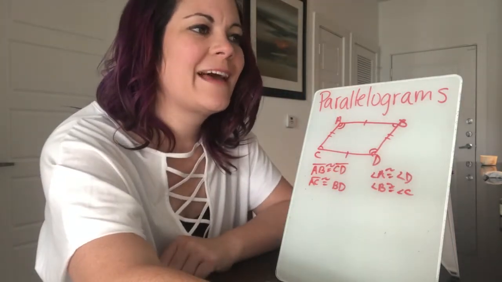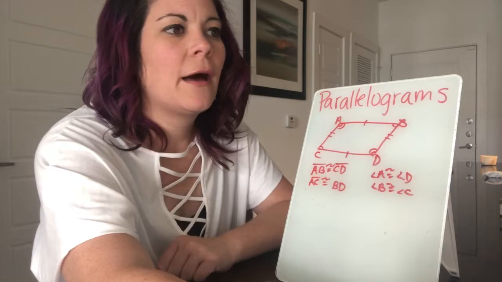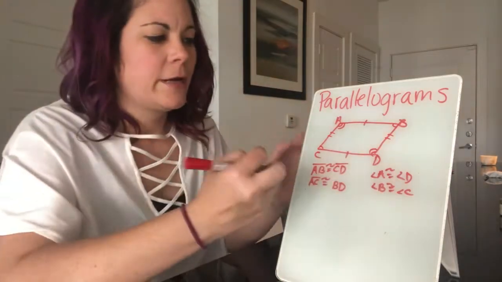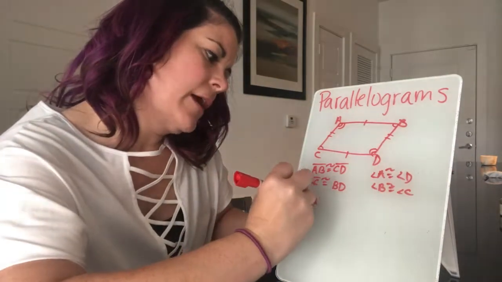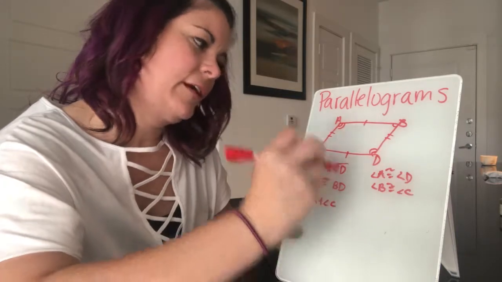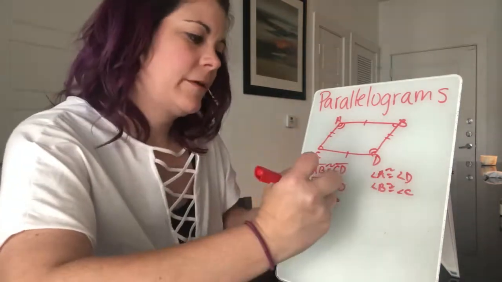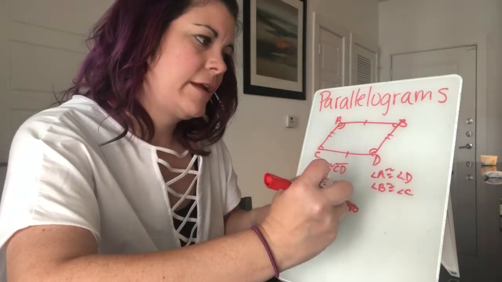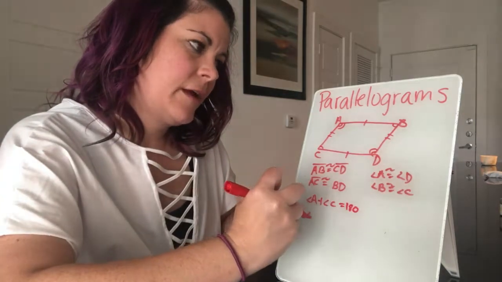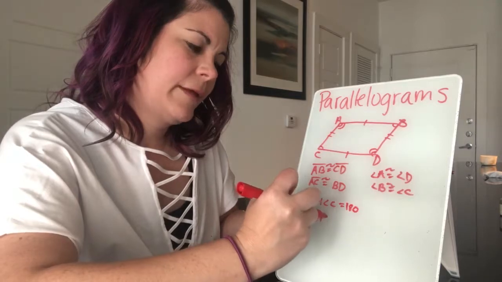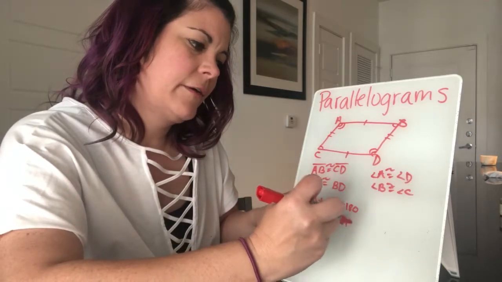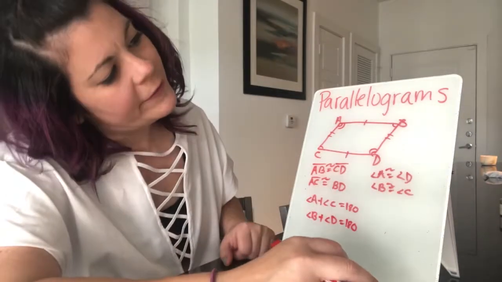And then consecutive angles in a parallelogram are supplementary. So angle A plus angle C, consecutive, side by side, they're supplementary, equal 180. And angle B plus angle D is also 180.